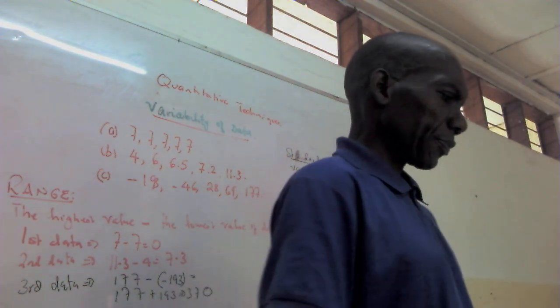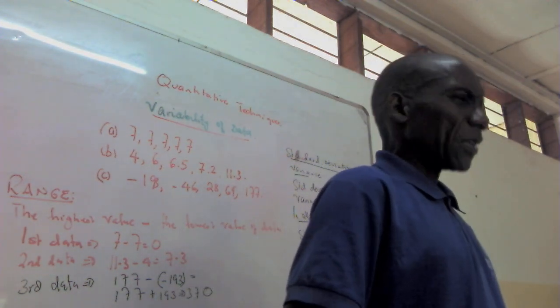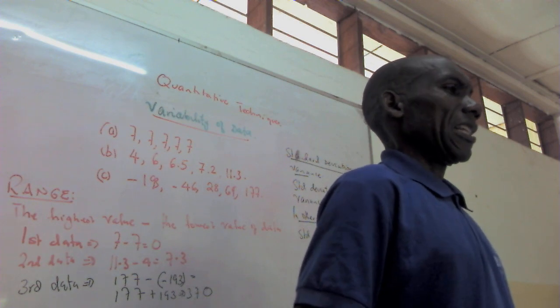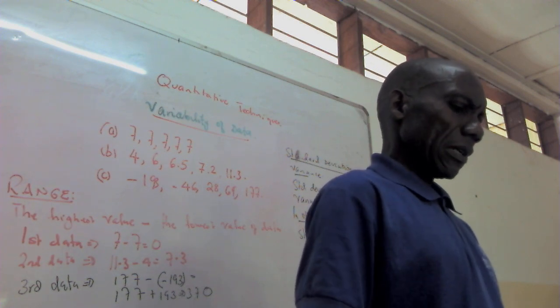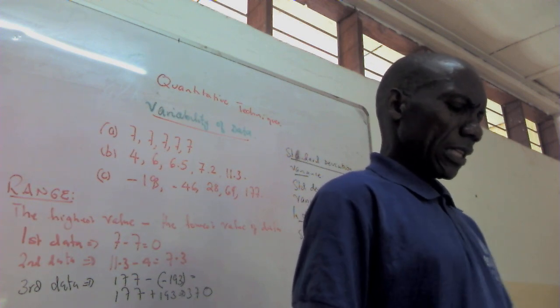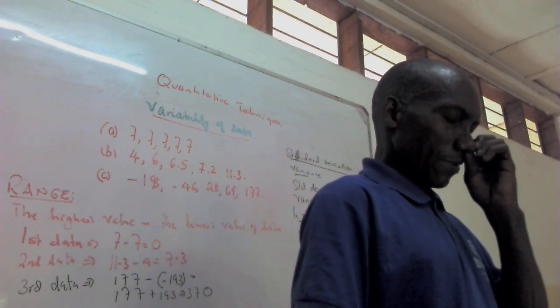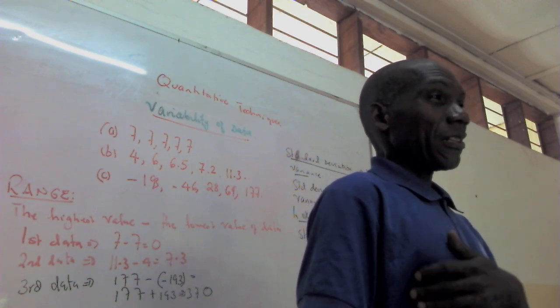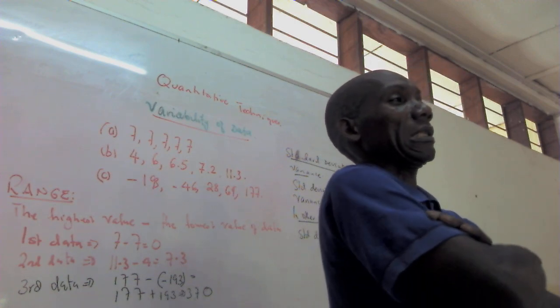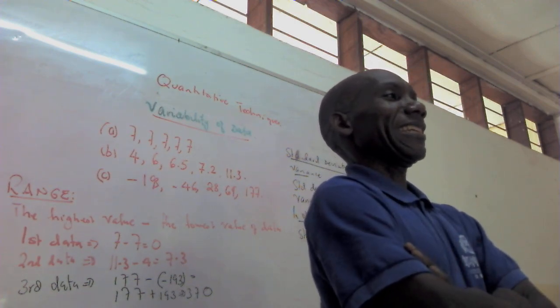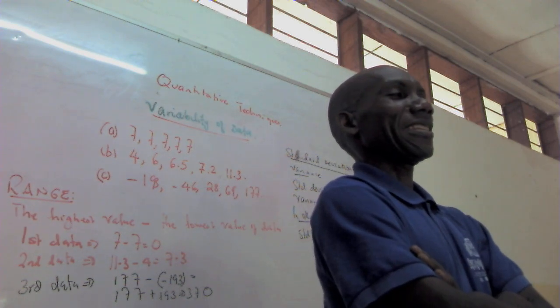Let me define what the standard deviation is, and then we'll find the standard deviation for data 1, data 2, and data 3. Then we'll go to another element. The word is standard deviation. To deviate, a rod can deviate.